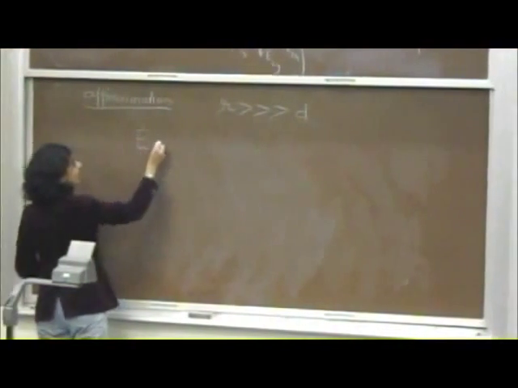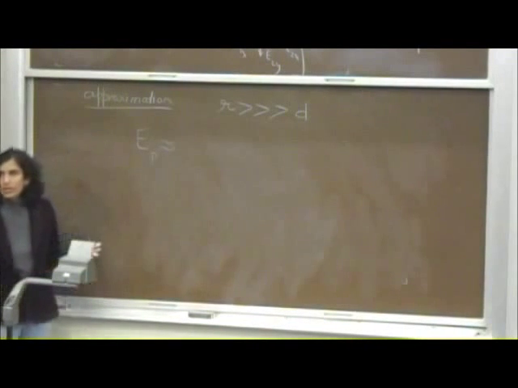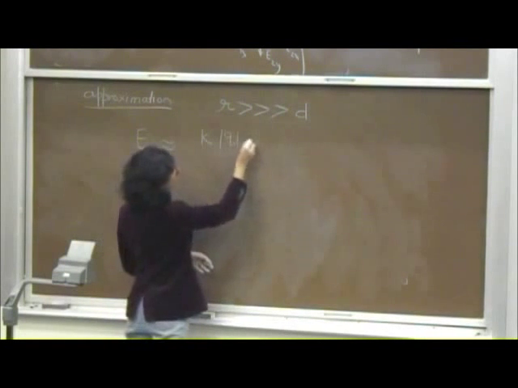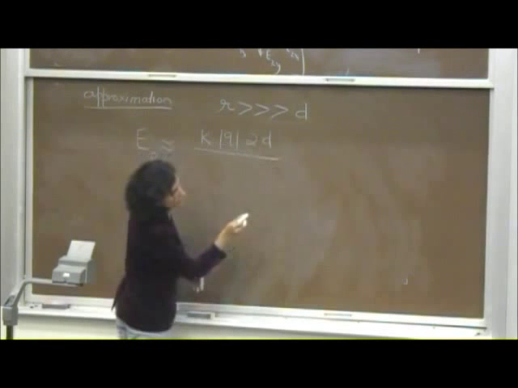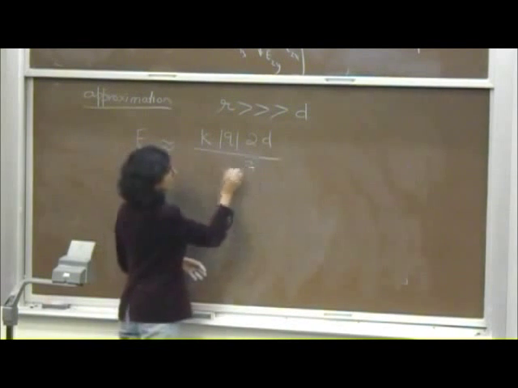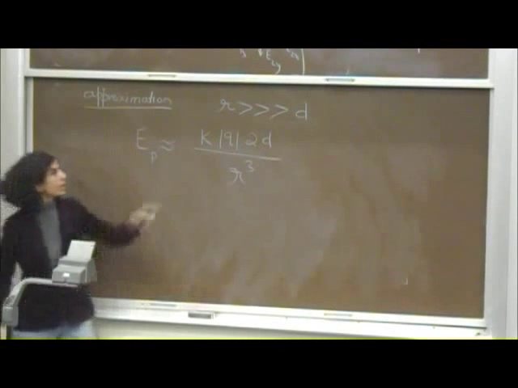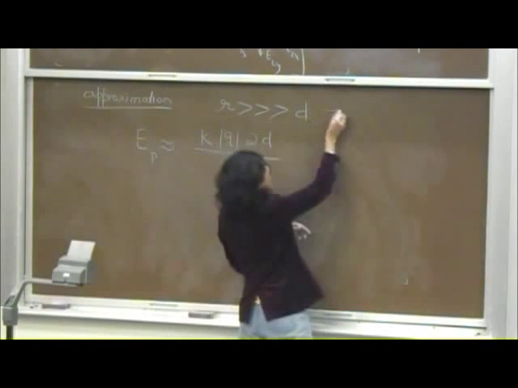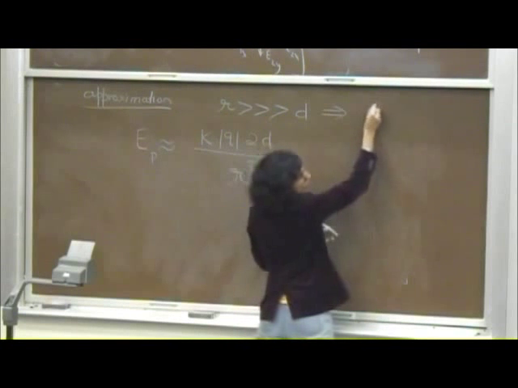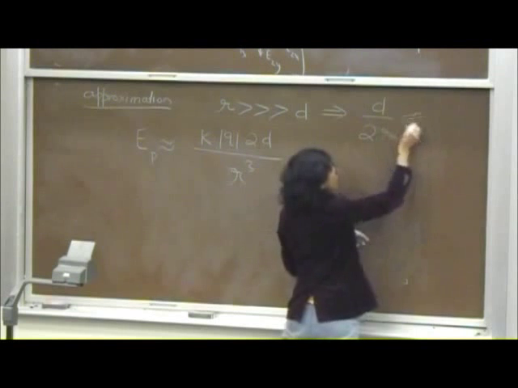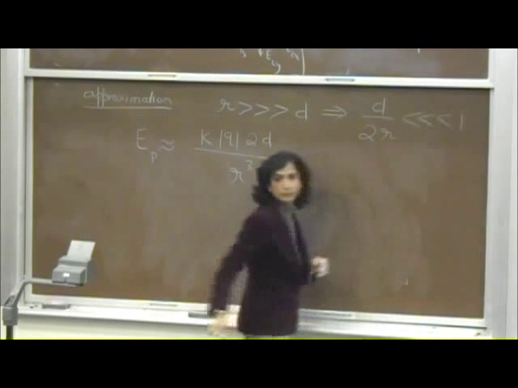So in this case, the electric field at point P, and if I put a wiggle like this, it means approximately equal to, is approximately equal to kQ 2d divided by r cubed. Is everybody seeing that if that is the case, this implies that d over 2r is a lot less than 1?